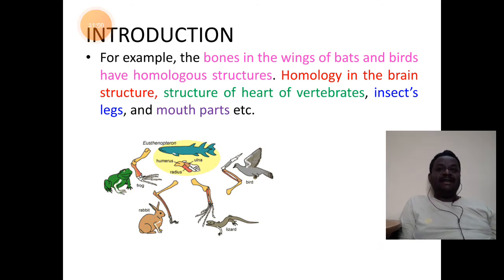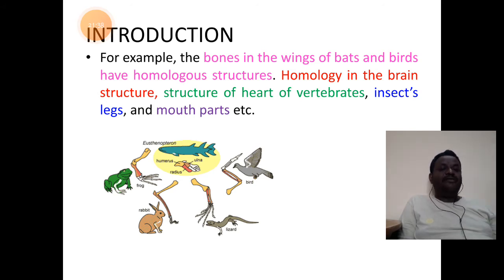Understand, homologous organs are the organs with similar structure but different functions. Their origin is also the same from a common ancestor, leading into divergent evolution that we have learned earlier. An example for this is that the internal organization of bones of wings of bat and birds remains the same in structural organization.